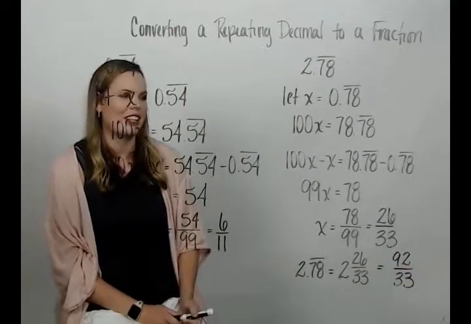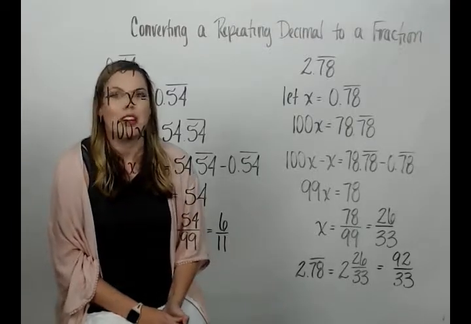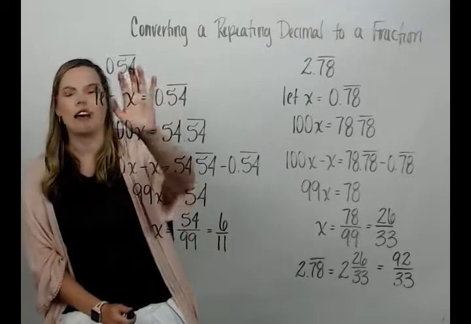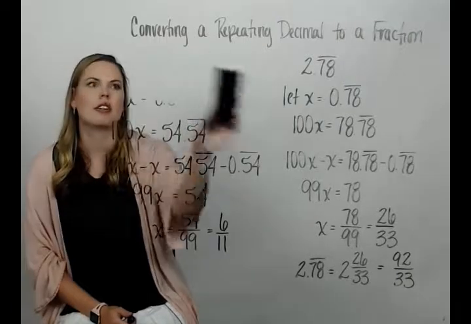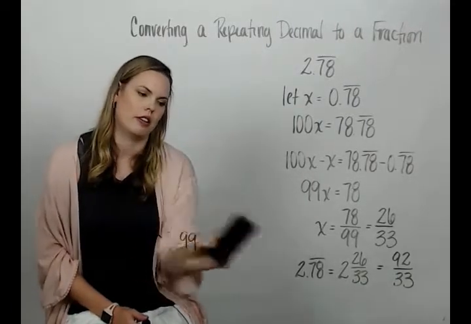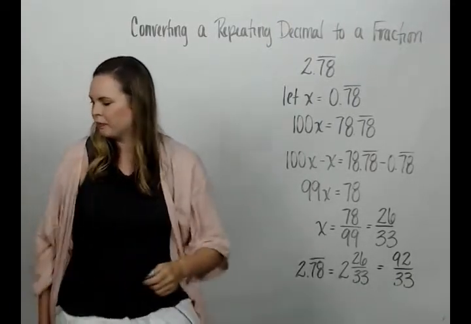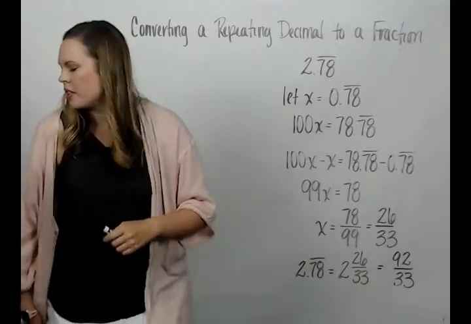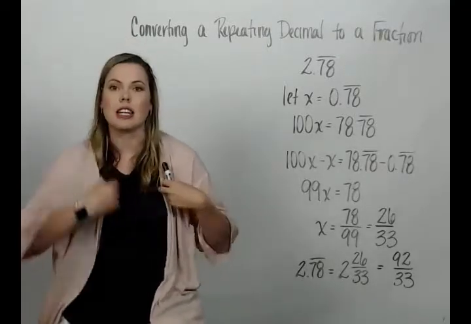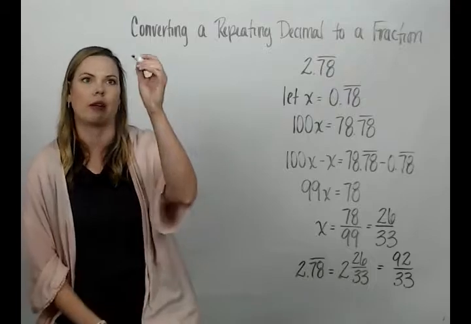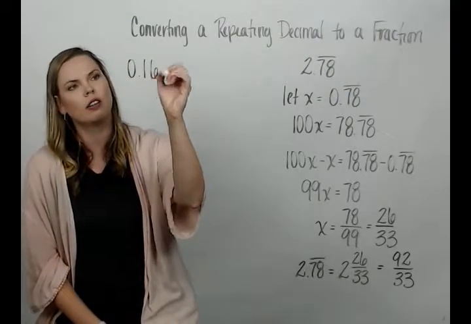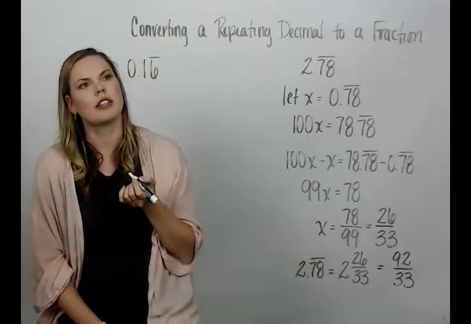All right. Let me show you another example when we have something a little different. Okay. So we're going to do 0.16, and the 6 is going to be repeating. All right.